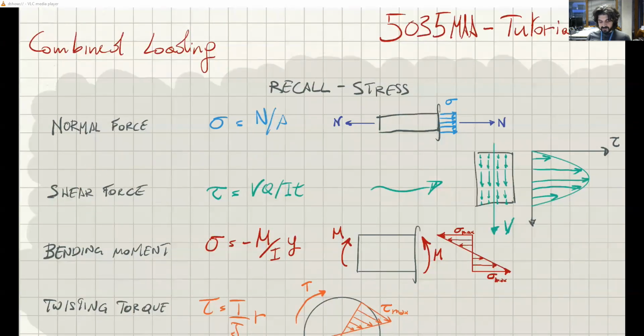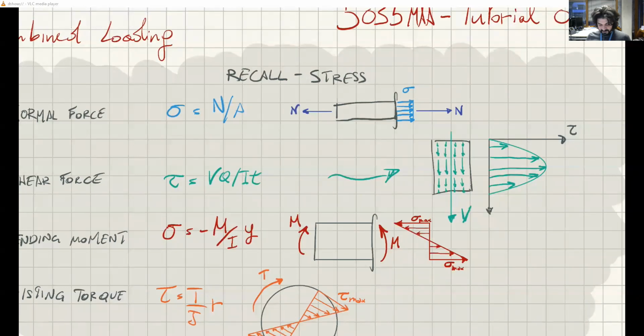For shear force, we did this last week. Remember, these shear stresses are distributed in a parabolic way along the section. In previous years, you might have heard that the average, tau average, is V divided by A, exactly like the normal stress. Here, no, this is not the full story.